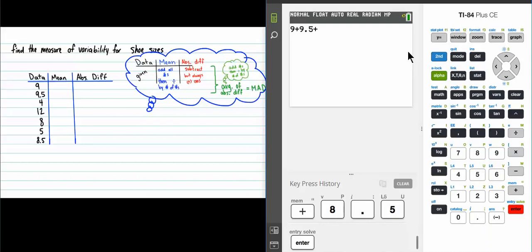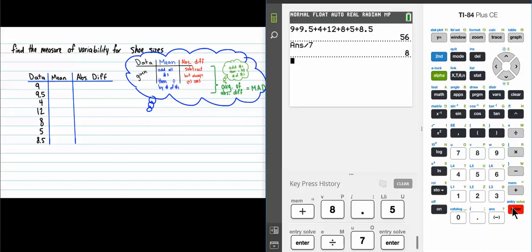Now this is my total, then I'll divide by the number of numbers. So divided by, I had 1, 2, 3, 4, 5, 6, 7 numbers. And so I get 8. So the mean is 8. So I'll use that number here in the center, and you'll use that number all the way down. Now, I don't like rewriting the same number, so I normally just draw an arrow like that.